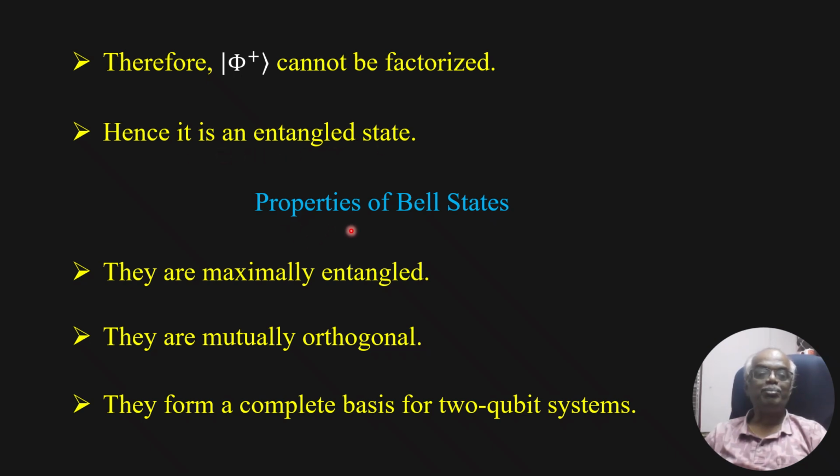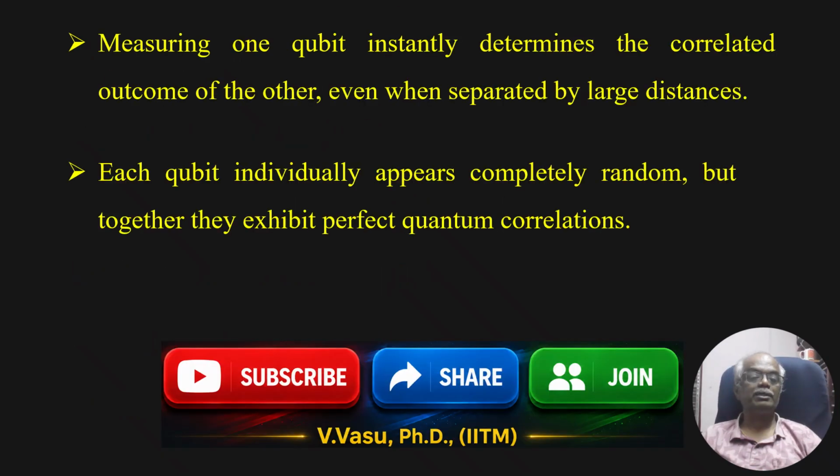So the properties of Bell states are the following. They are maximally entangled. They are mutually orthogonal. We are going to see one by one in detail in my future lecture. They form a complete basis for the two-qubit system.